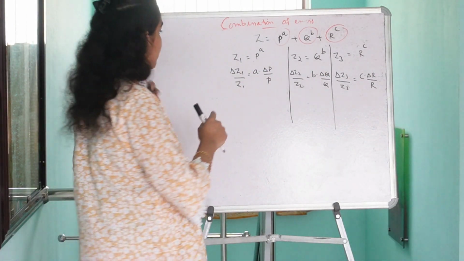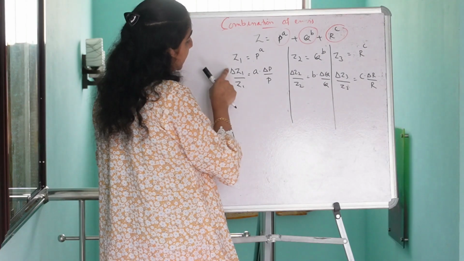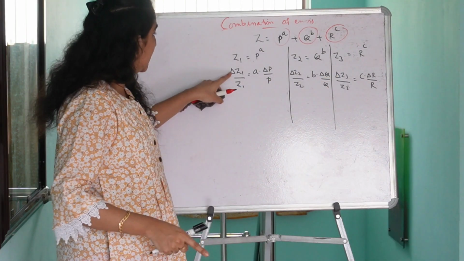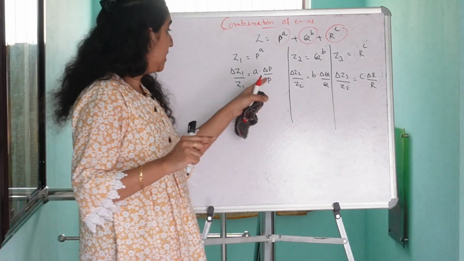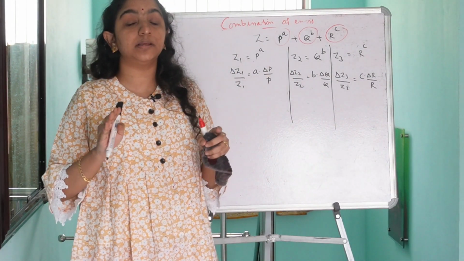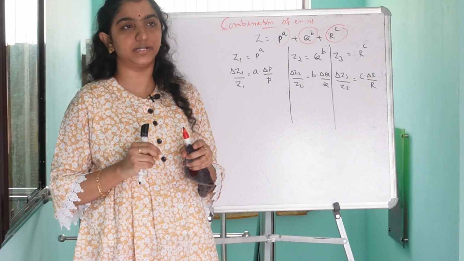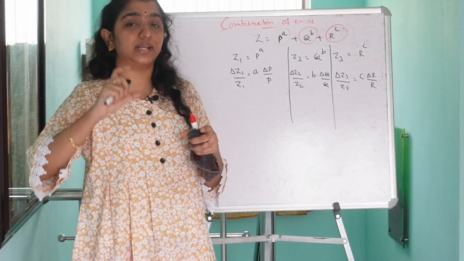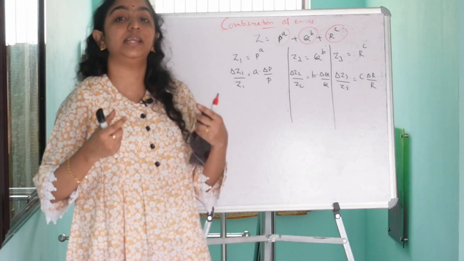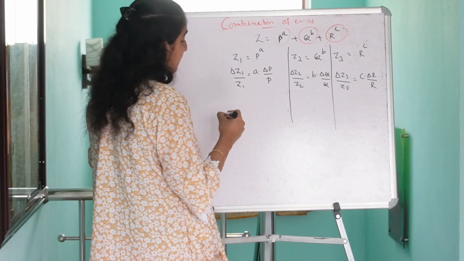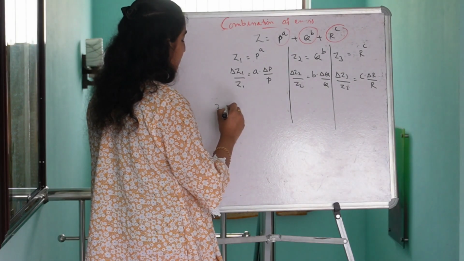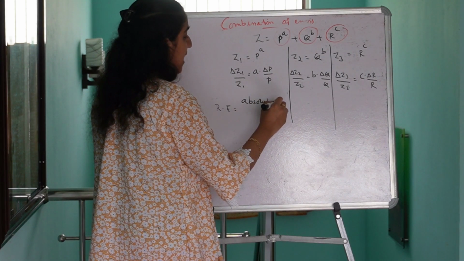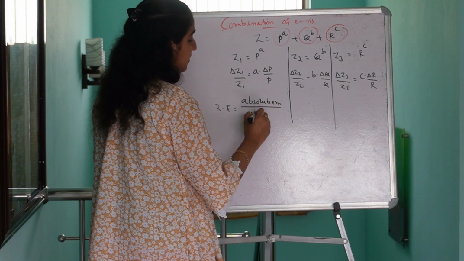Is it clear? Yes. Here we found the relative error in each of these terms. The del Z1 by Z1, or A into del P by P, is nothing but the relative error in the individual measurement. So I have to find the absolute error in the individual measurement. How do I find it? What is relative error equal to? Relative error is nothing but absolute error divided by actual value, isn't it?